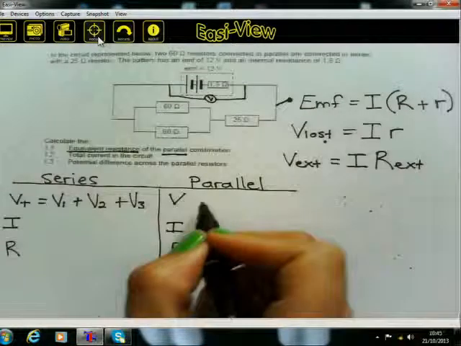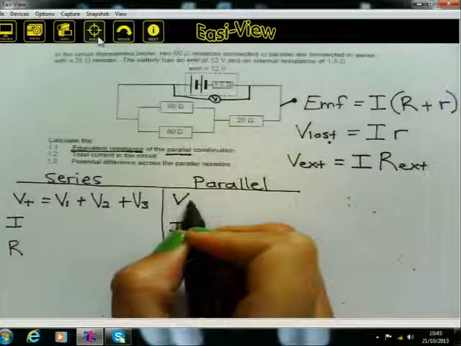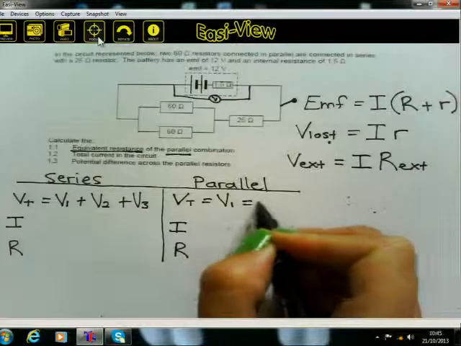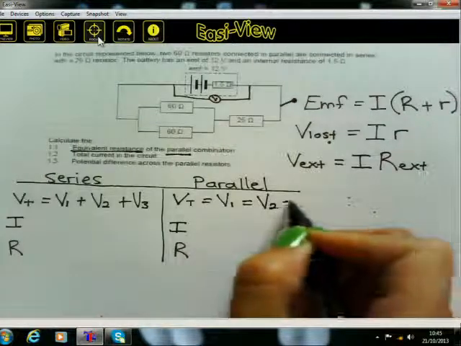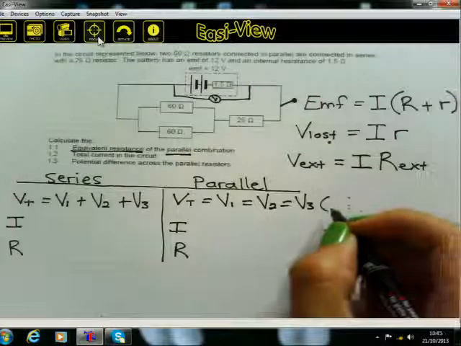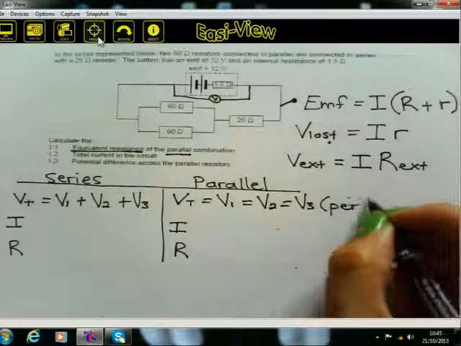For V in parallel, the rule says V total equals V1 equals V2 equals V3. And this is very important, that you know this is per branch.